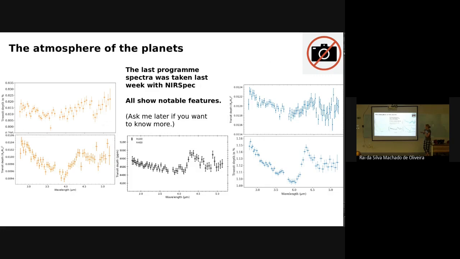for one, these are the observations that we have so far. The last observation was taken in July. So right now we're in a state where from this nice spectra, where you definitely can already see that there are bumps and slopes, we want to retrieve now the actual molecular abundances and elemental abundances in the atmospheres of these planets.